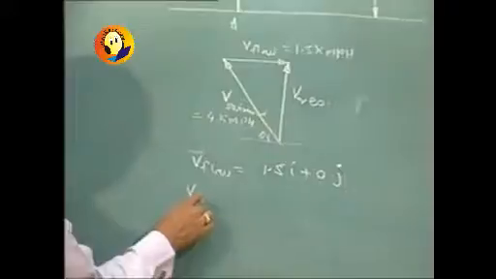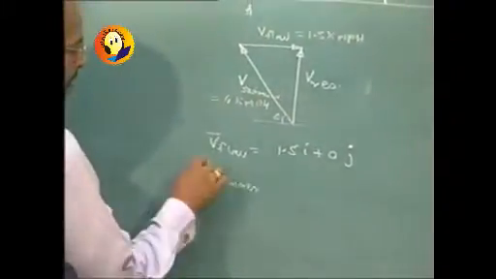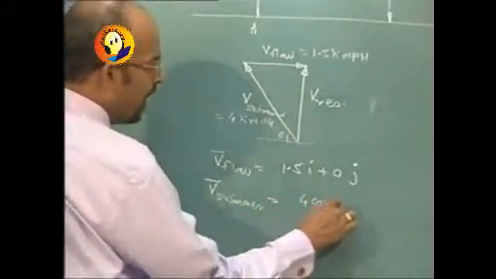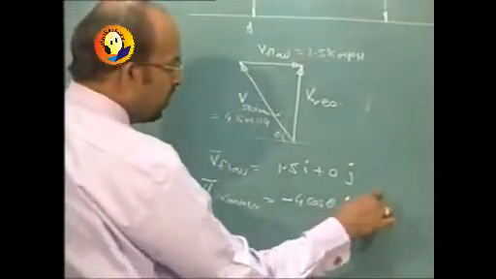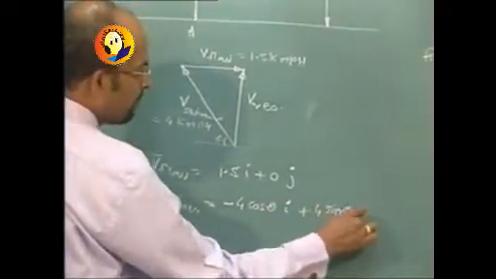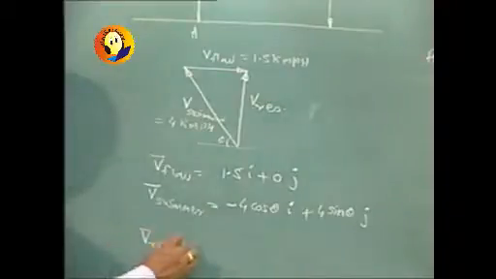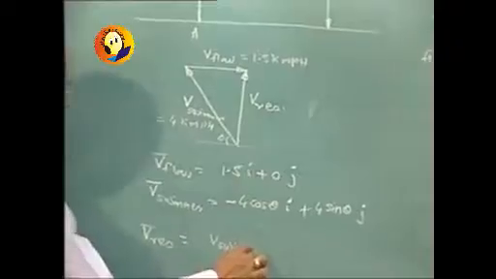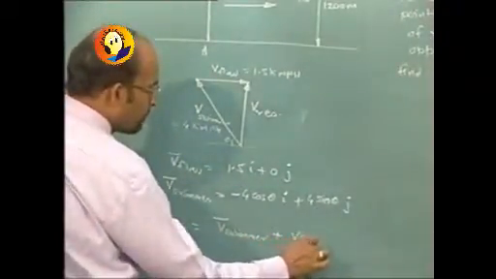Whereas the velocity of swimmer can be written as 4 cos theta i, but it is going to be negative, plus 4 sin theta j. Therefore V resultant is going to be the velocity of the swimmer plus the velocity of the flow, as the diagram says.